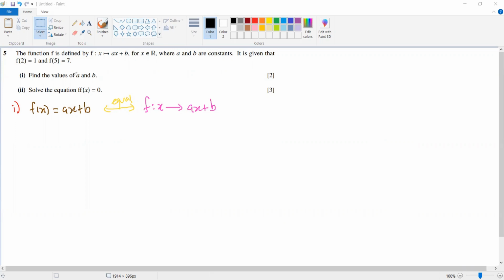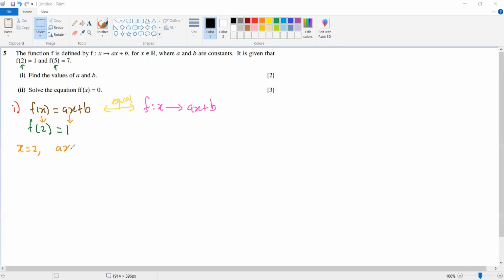Now we need to substitute the given values, that means 2 and 1. Let me write below it, because sometimes details could be important. That's how they know that x is 2, same as putting x equal to 2.